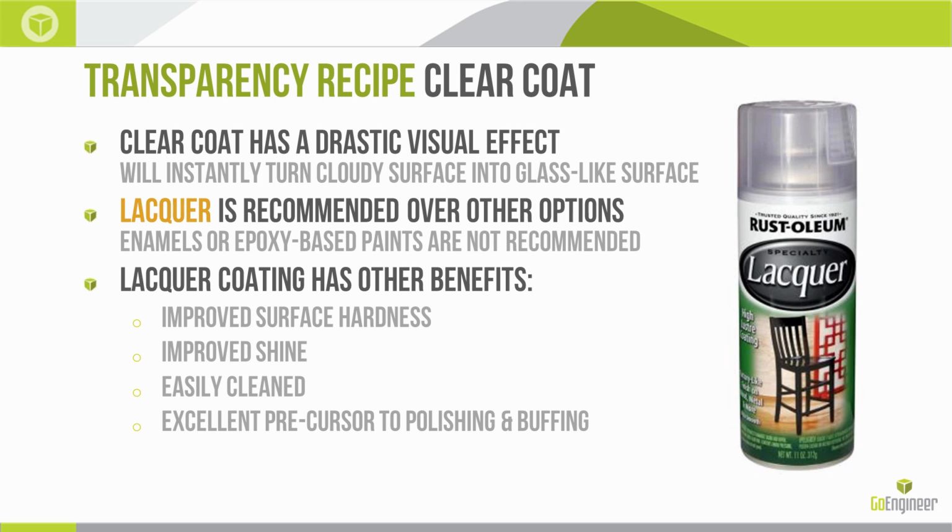It's going to tend to grab dirt, but if you hit it with lacquer, that liquid surface finish is going to become smooth, makes it a lot easier to clean, it's more sanitary. And then also, hitting this with lacquer is an excellent precursor to buffing and polishing, which is something that we're going to talk about here in a minute, if you wanted to take this transparency even farther.